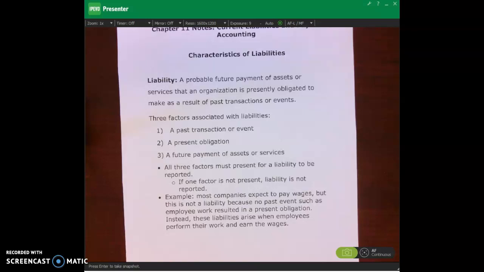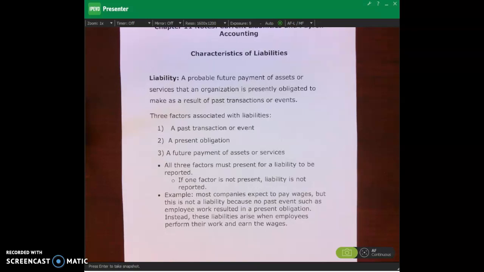So let me give you an example of this. So I'm scheduled to teach Accounting 101, this class, in fall 2020. Okay? Mary Washington does not owe me money, does not have a salaries payable to me up on their balance sheet for fall 2020. Why?